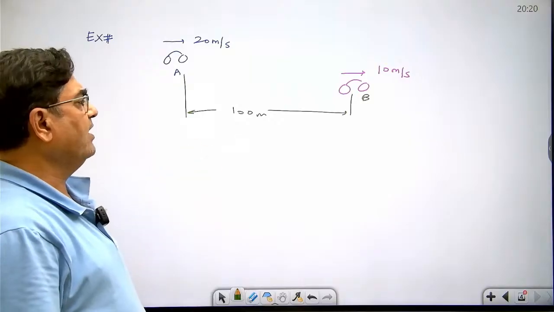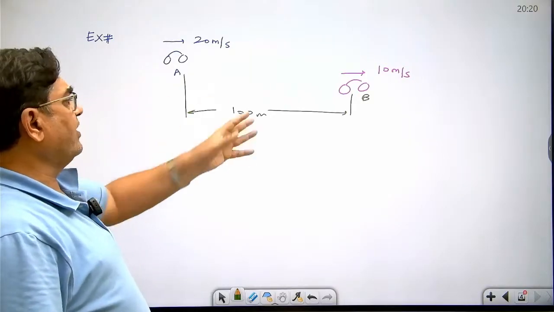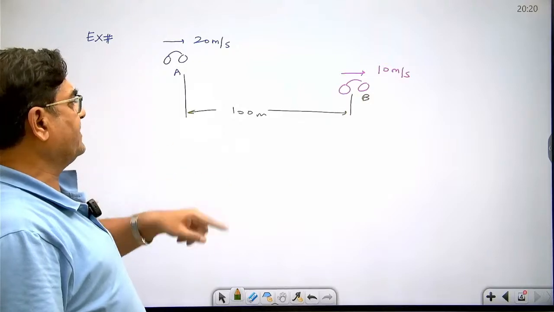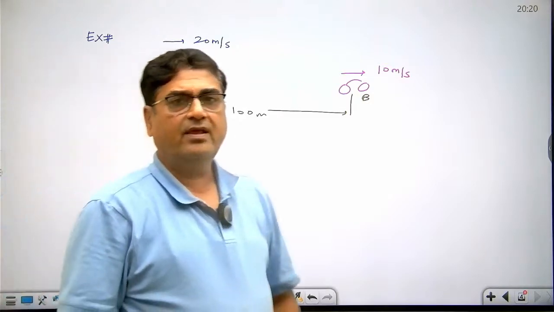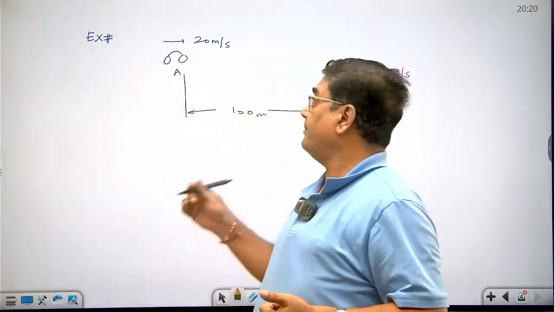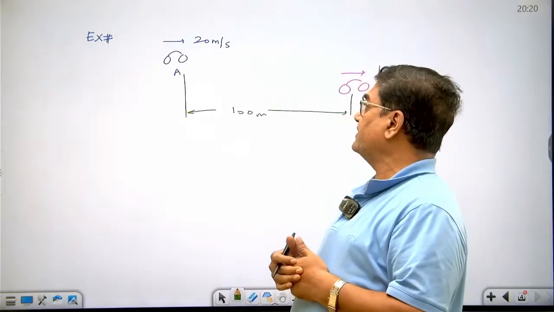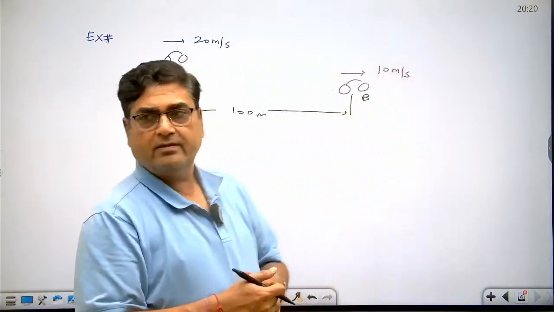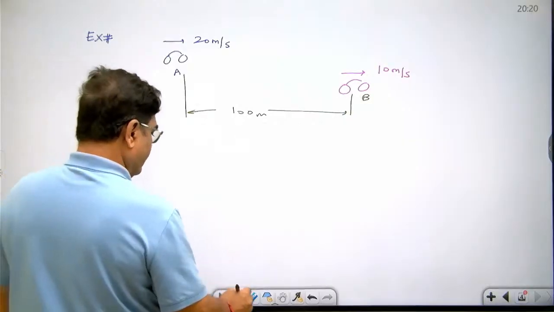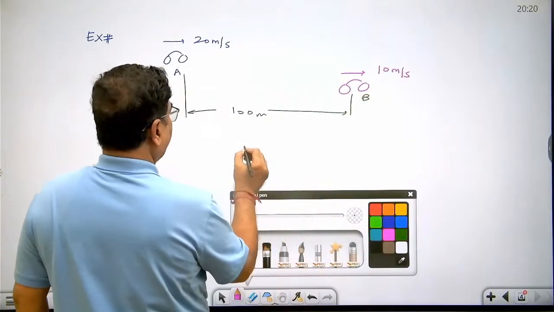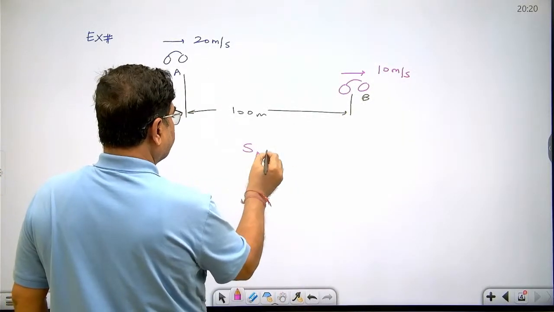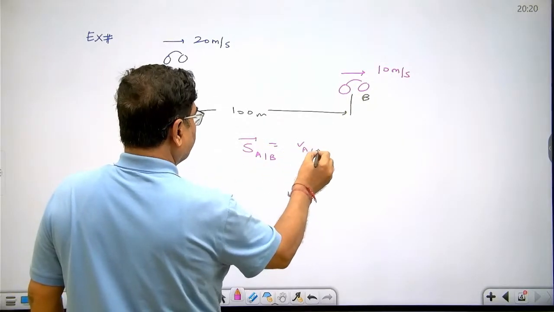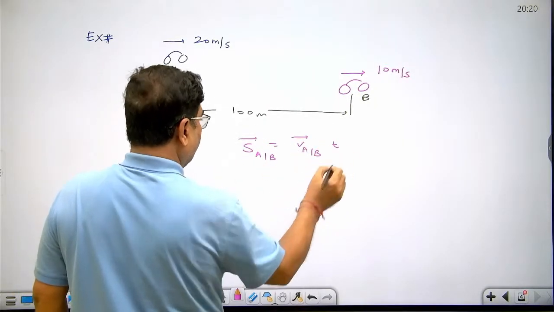So dear student, if car A has to overtake car B, definitely the relative displacement of car A with respect to B must be 100 meter. Now let us apply the concept. Relative displacement of A with respect to B equals velocity of A with respect to B into time interval.